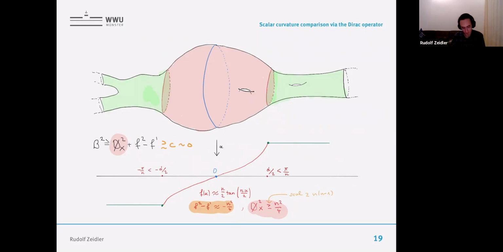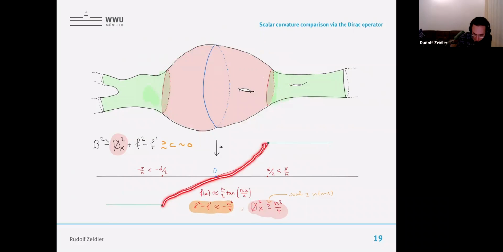And now, if I want to achieve minus n squared over 4 here, then I can again solve a differential equation, and it will yield this function here, which is this tangent function. And now what I do is I take f to be this tangent function, or let's say approximately that, as long as I have the scalar curvature bound. So this is the region where I have the scalar curvature bound, and there I put this tangent function.